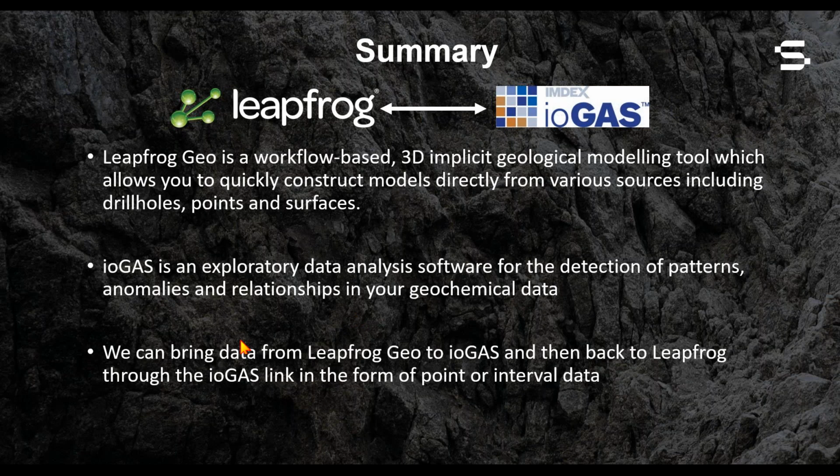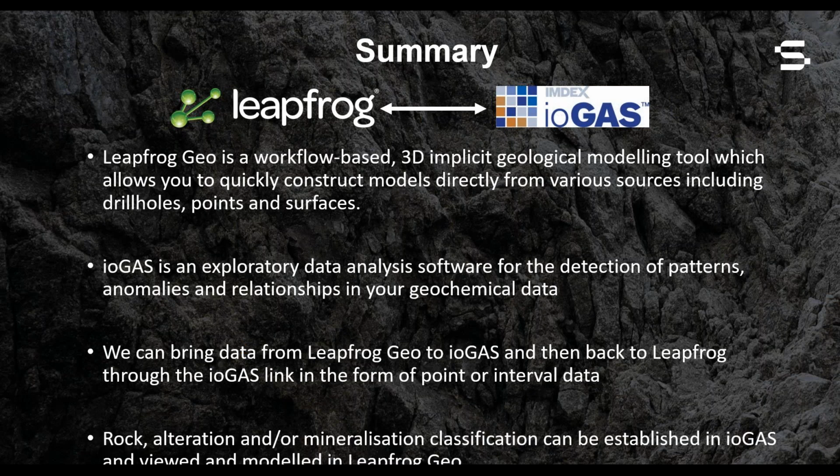We can bring data from Leapfrog Geo to ioGAS, and then back to Leapfrog Geo through the ioGAS link in the form of points or interval data. And then lastly, rock alteration or mineralization classification can be established in ioGAS and viewed and modeled in Leapfrog Geo.